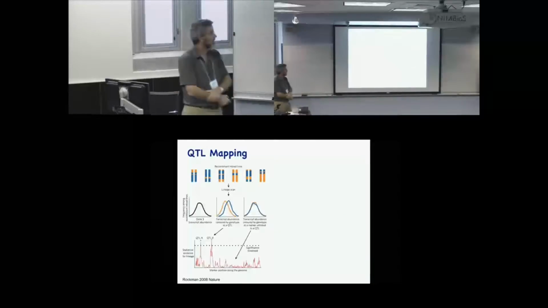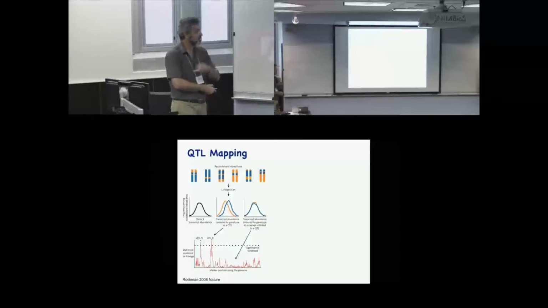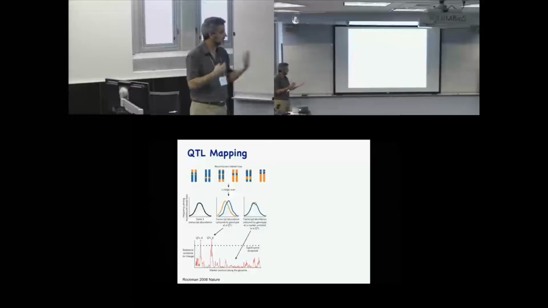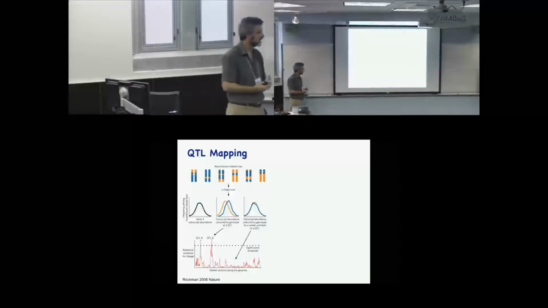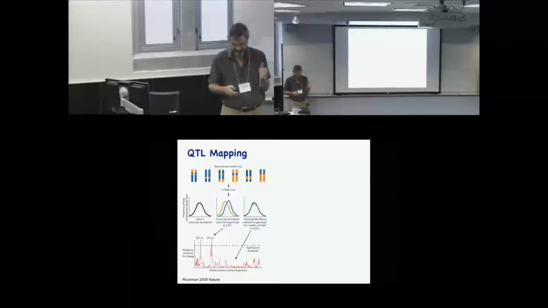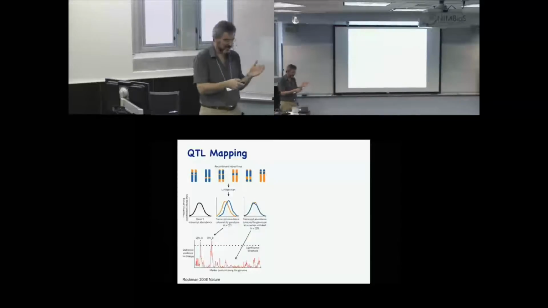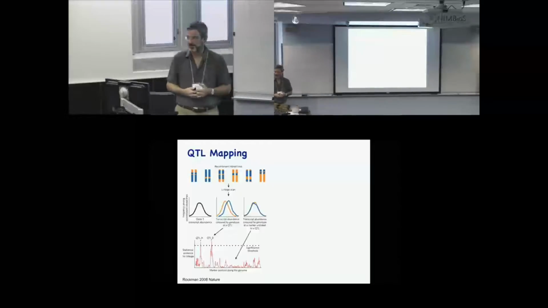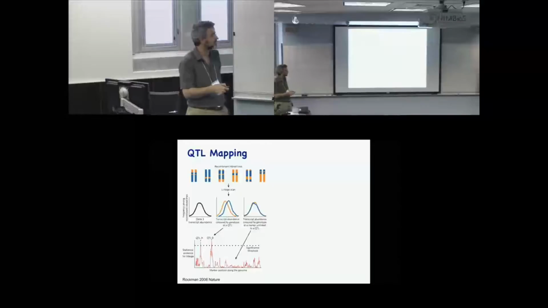Okay, so I'm going to introduce these approaches again in a very cursory fashion. But QTL mapping, actually all mapping, works on exactly the same principle. It's very straightforward. It doesn't take a lot of thinking to do. But then, of course, in practice, there's all the statistics and bioinformatics built around it that makes it seem more obscure.